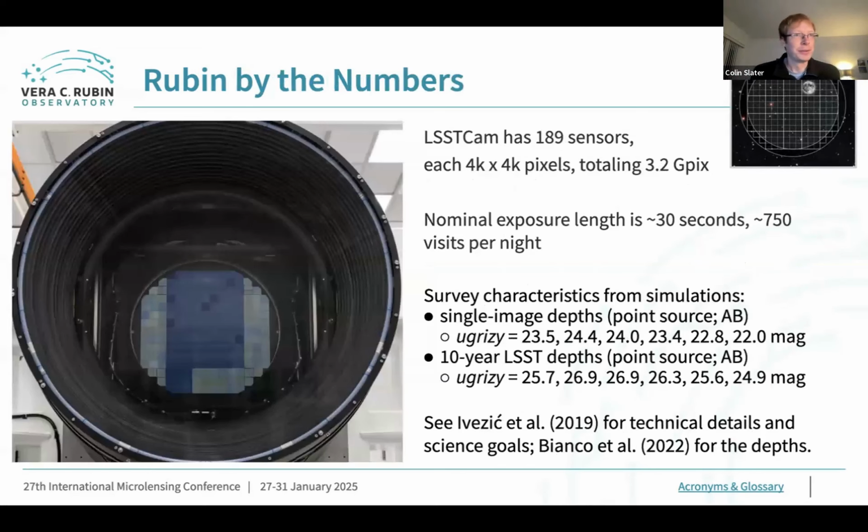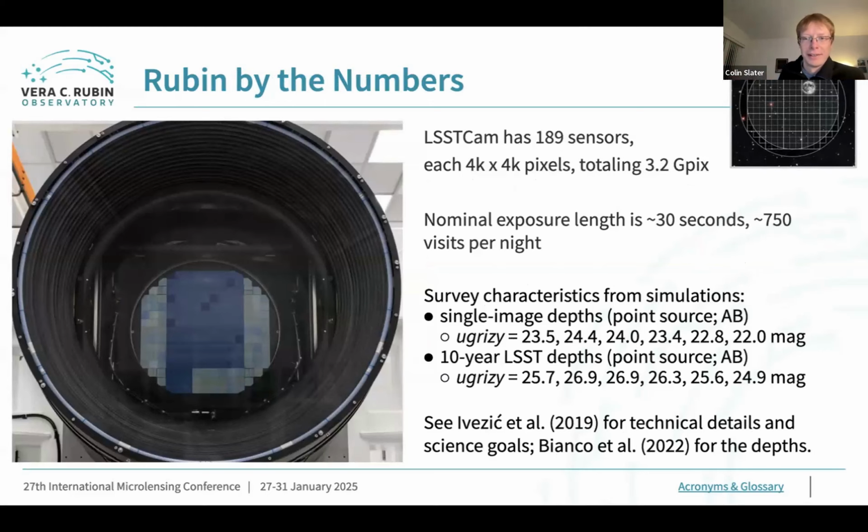The key to getting high efficiency in a survey like this is using a large camera to observe as much of the sky in every single visit as possible. LSSTCam is the camera that I'm showing you on the left here. We're looking in the optical barrel at the focal plane.